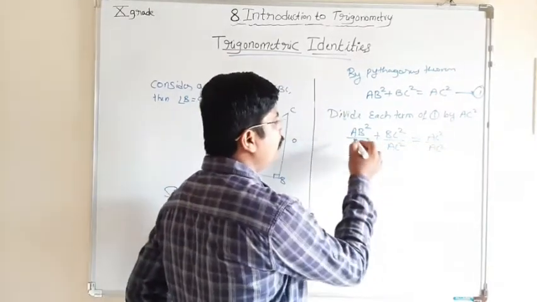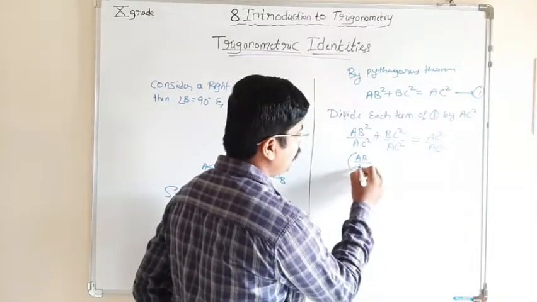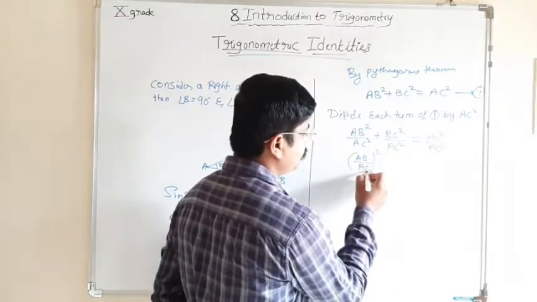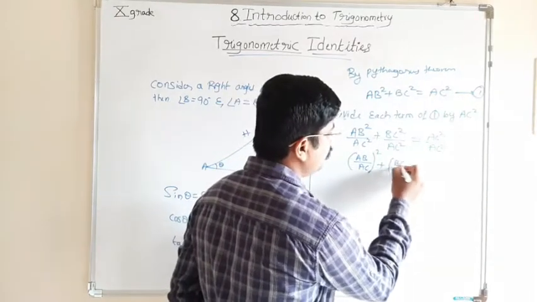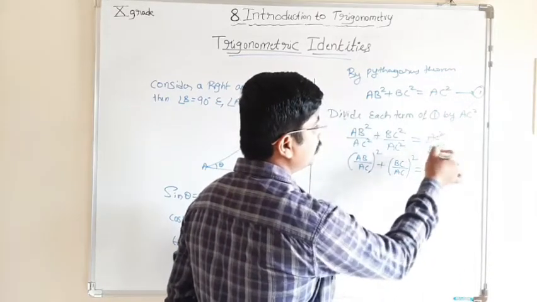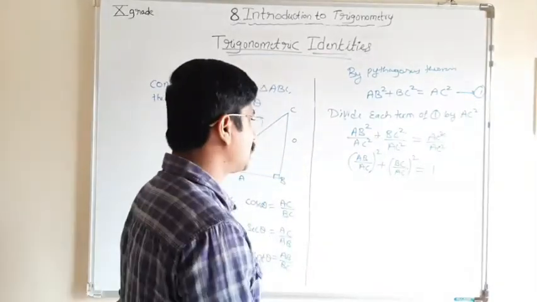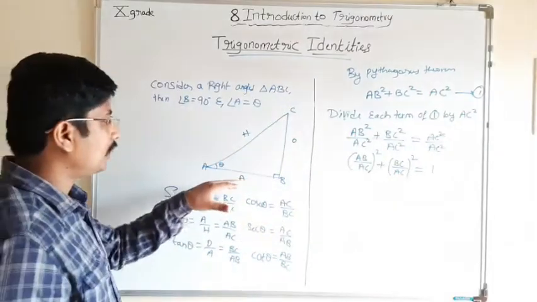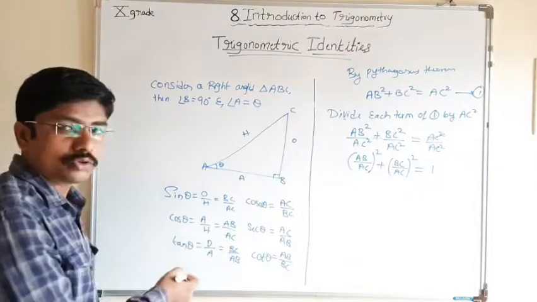Now, AB square divided by AC square may be written as (AB divided by AC) whole square, plus BC square divided by AC square may be written as (BC divided by AC) whole square, which is equal to 1, as AC square gets cancelled. Now, AB divided by AC is nothing but cos theta.